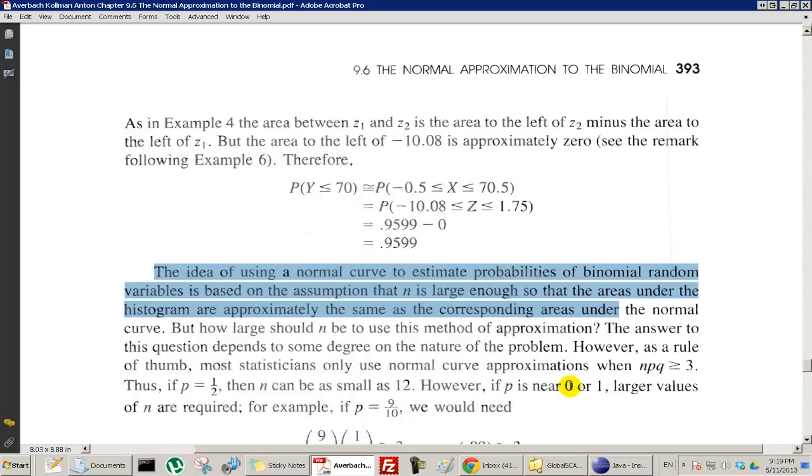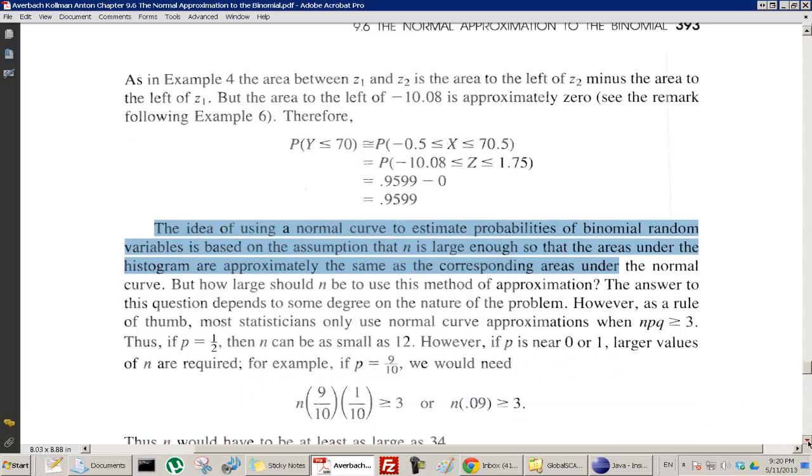So for example, we tried with p was 1/5, then q is 4/5. So then it won't be larger than 3 when n is 12. Or here they say, however, for example, if p is 9/10, then q is 1/10.